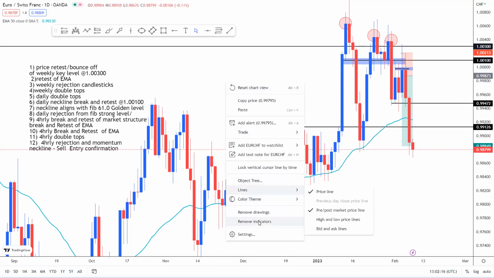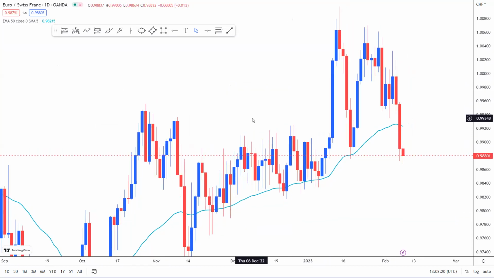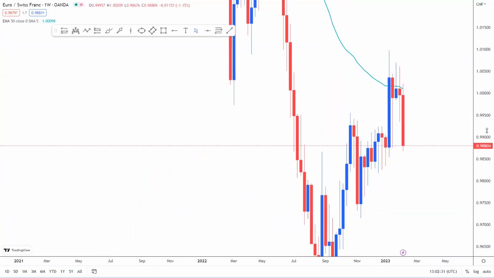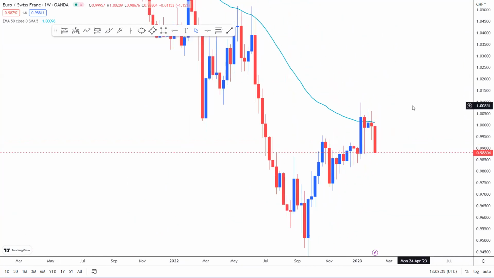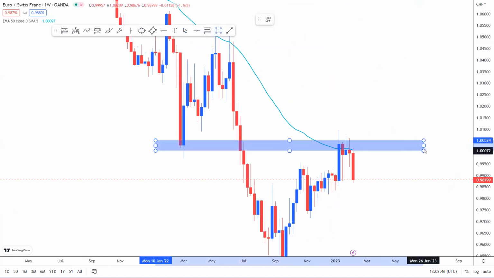Layering this up from my chart, I'm looking at the weekly time frame on EURCHF. When I saw the setup, we were coming to a weekly key level, which was previously a weekly support.